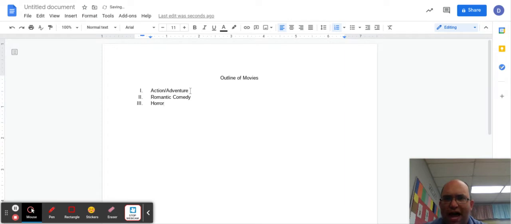Okay, so we want to go back, and now we want to break those categories into smaller categories. And we do that by adding capital letters. So the structure of an outline goes Roman numerals and then capital letters. Now the capital letters are going to be indented a little to the right.